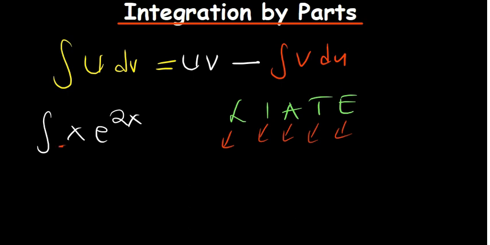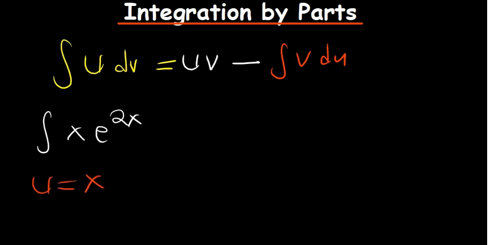So in this case, x is algebraic and e is an exponential. So exponential is the last one. The one that's coming earlier is A, which is algebraic. So our u is going to be equal to x, and then obviously if you pick your u, the remaining part automatically becomes dv. In this case it's e to the power 2x.